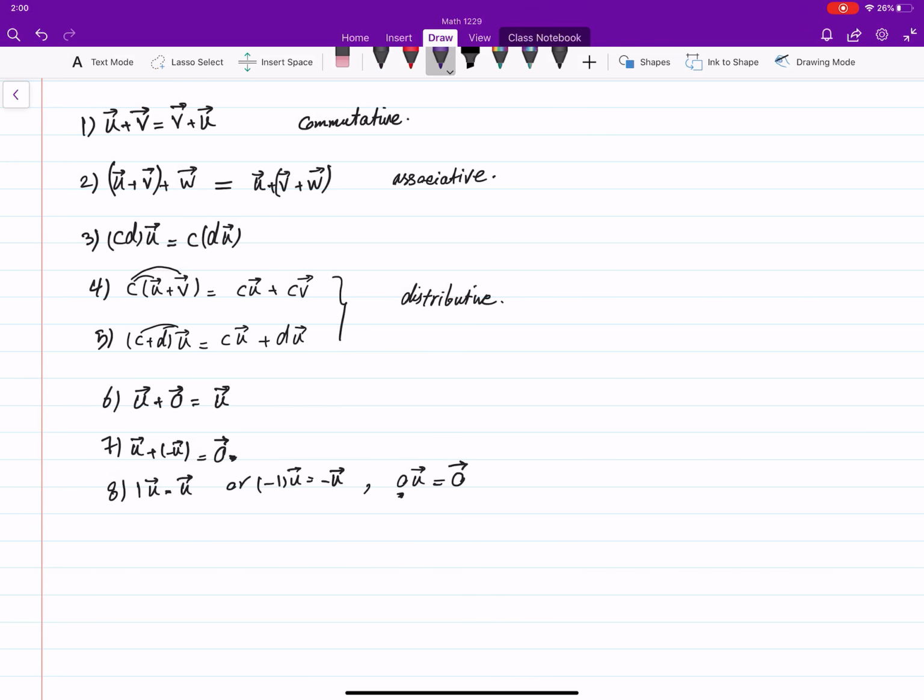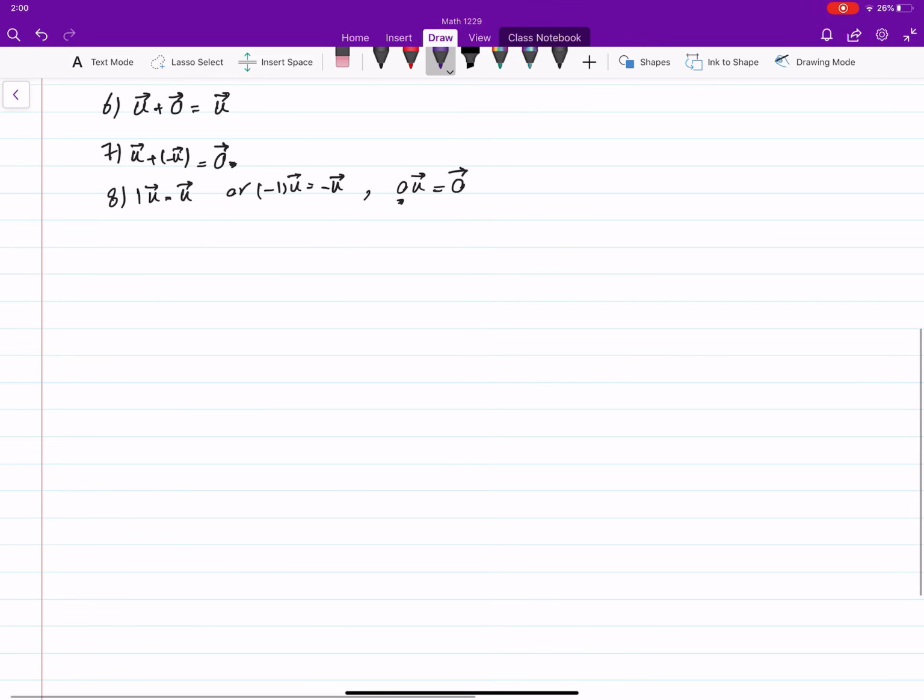I use properties of numbers to solve equations. I can do the same thing for vectors.